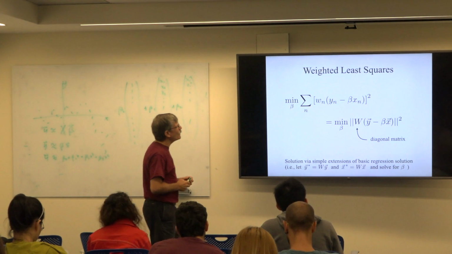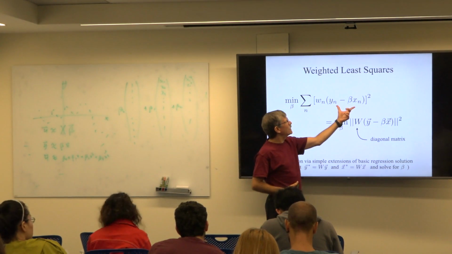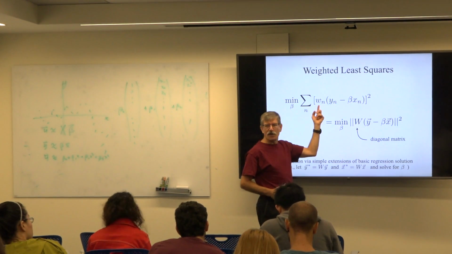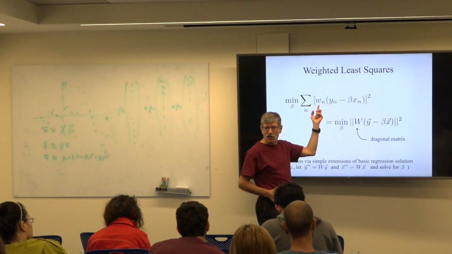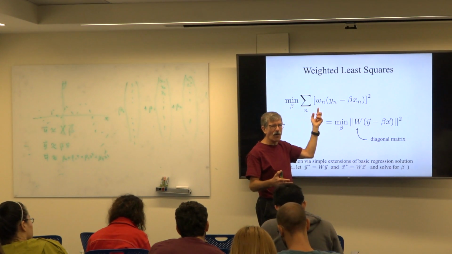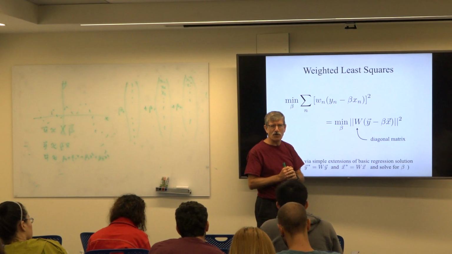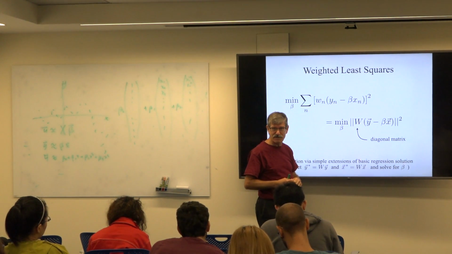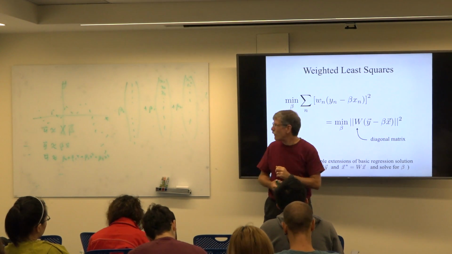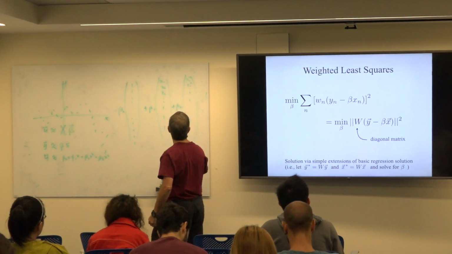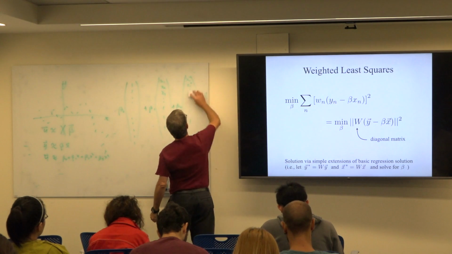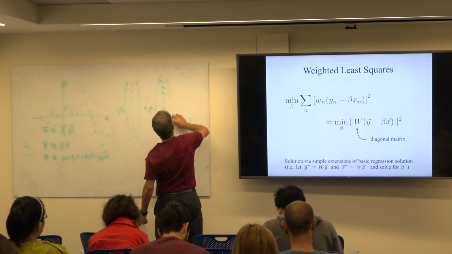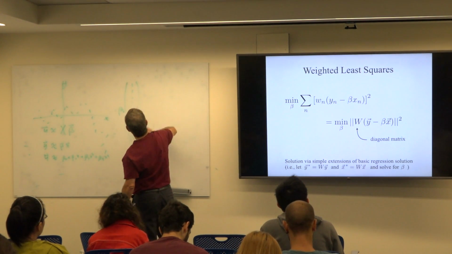But you may have the notion that some data points are worth more than others, and so you're going to give them weights. And so you're going to have the error count more for a data point you trust, and count less for a data point that you don't trust. Okay? And so how do we solve that one, and how do we solve that one in the general case? So it turns out it's trivial, based on the math we already know.